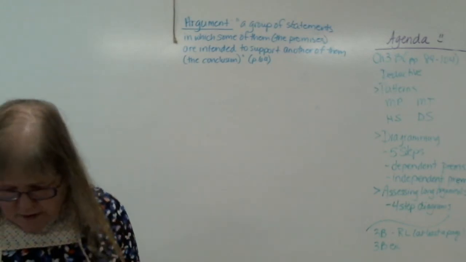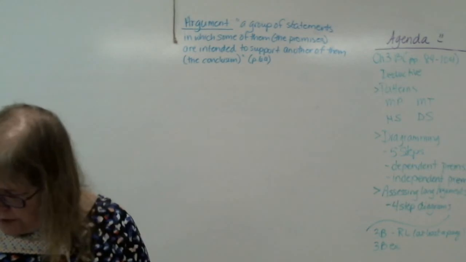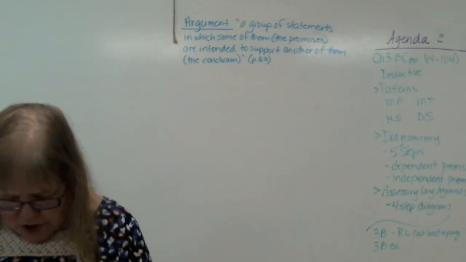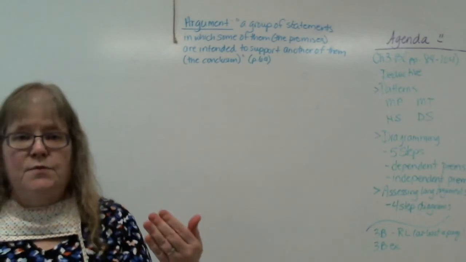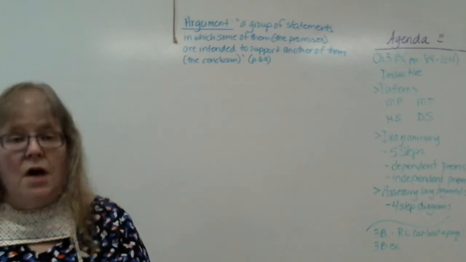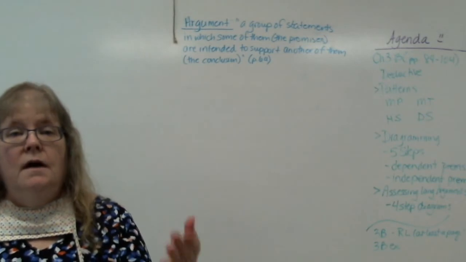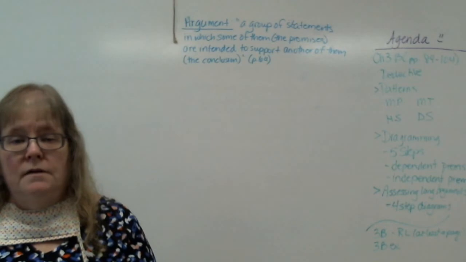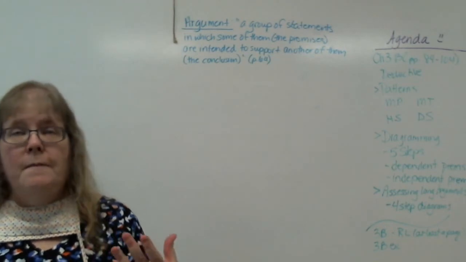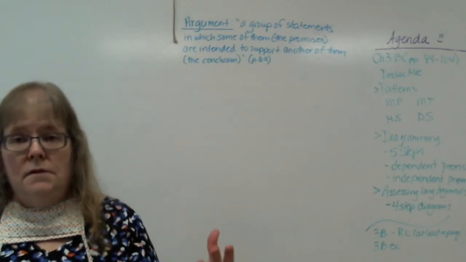One of the things here on page 84 says, if the job is worth doing, then it's worth doing well. That's the first premise. The second premise, the job is worth doing. The conclusion, therefore, it's worth doing well. This is a very typical argument format.